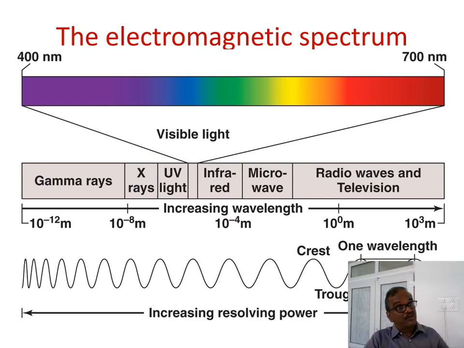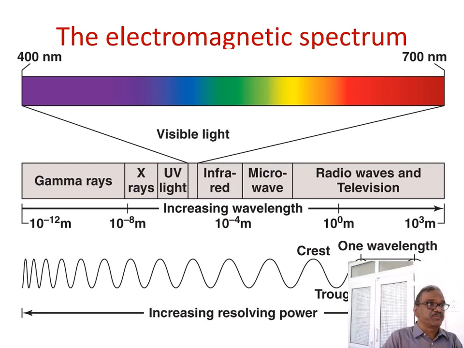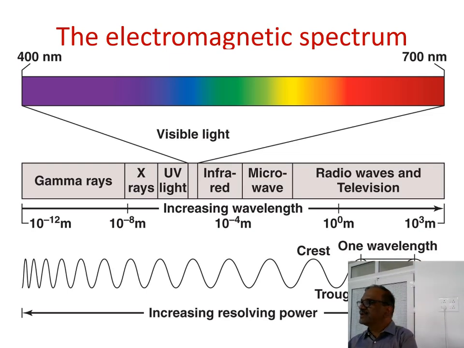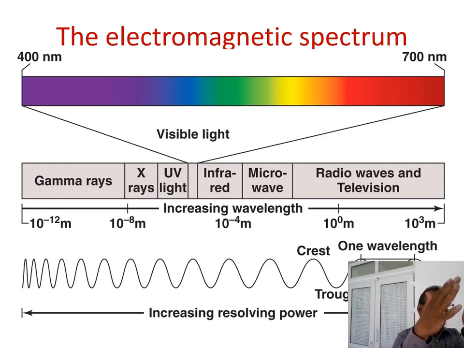UV light is also used in certain special microscopes, but what we discussed in the light microscope is only visible light, which has a range of 400 nanometer to 700 nanometer. If you pass it through a prism, it is refracted, or the pathway is deflected, and then you can converge them to one focus and observe the object.